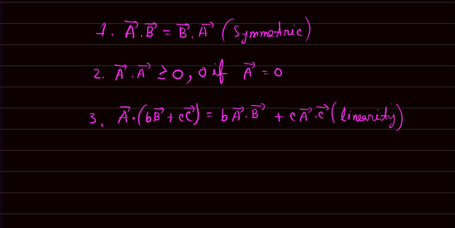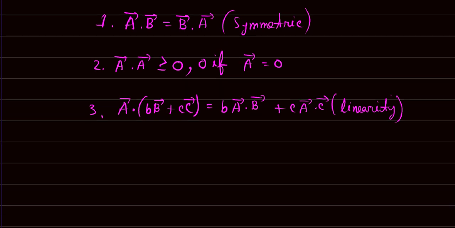These are the three properties of the dot product that we know, and we want to generalize these properties into our normal vector spaces, where our vectors do not have length and direction.